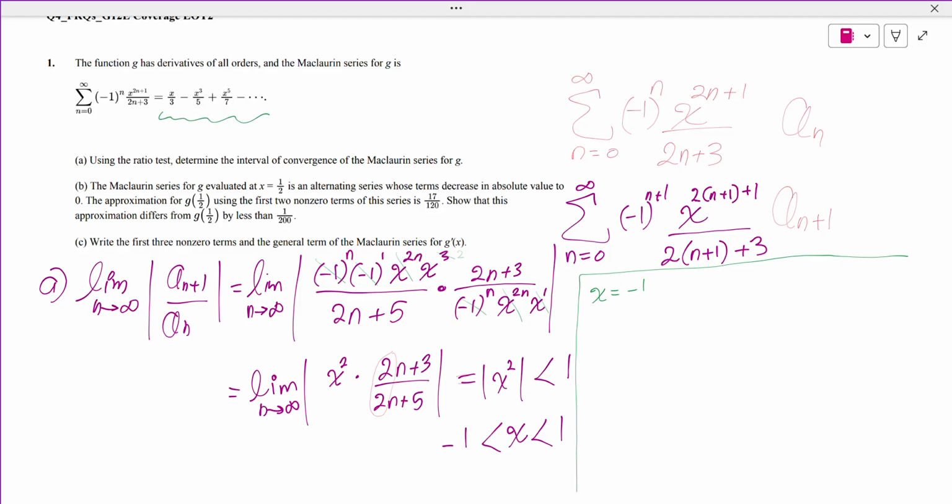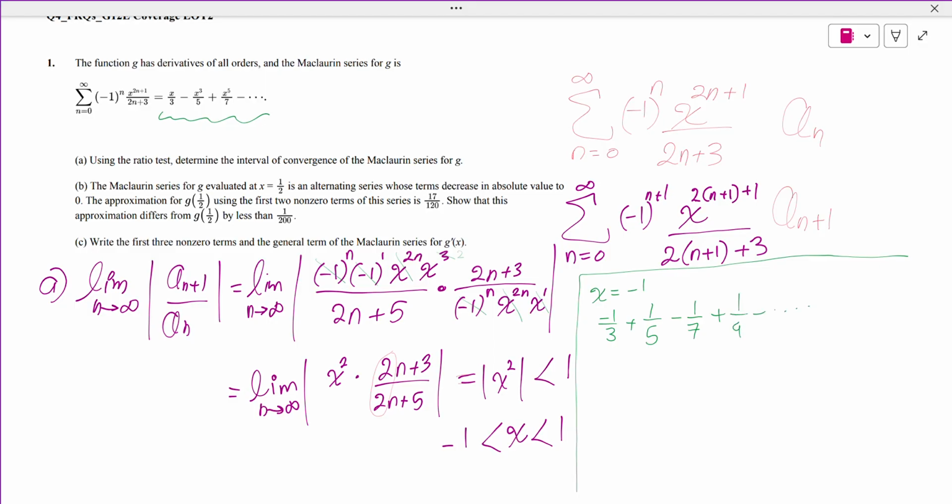It's not a sequence, sorry. Minus 1 cubed over 3, minus 1 to the fifth over 5. Minus 1 cubed is -1, so it becomes minus 1/3 plus 1/5 minus 1/7 plus 1/9 and so on, okay?